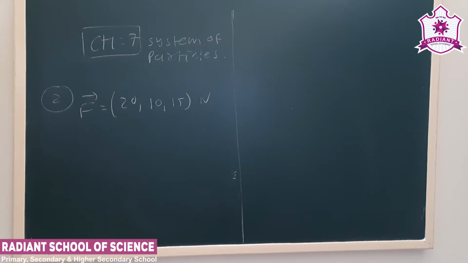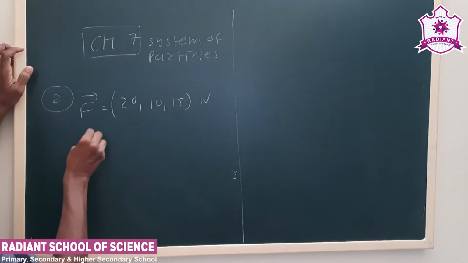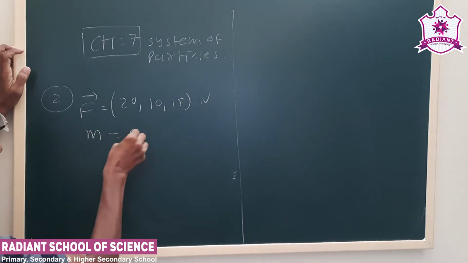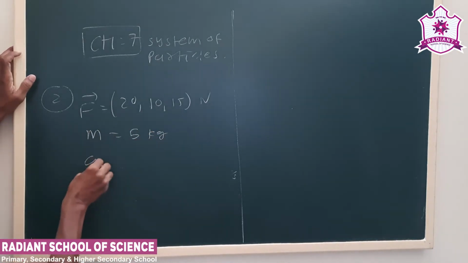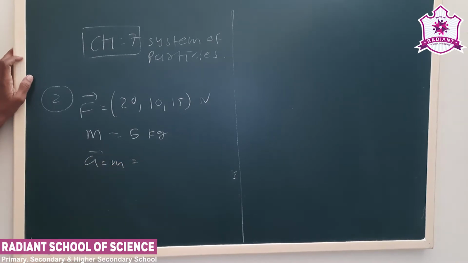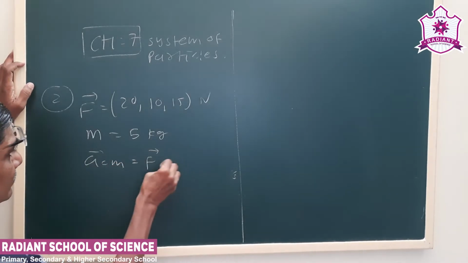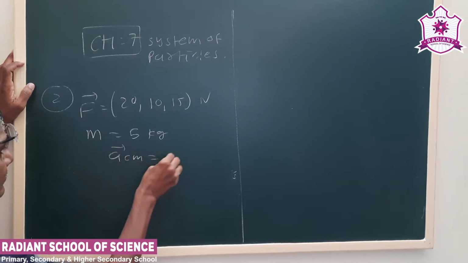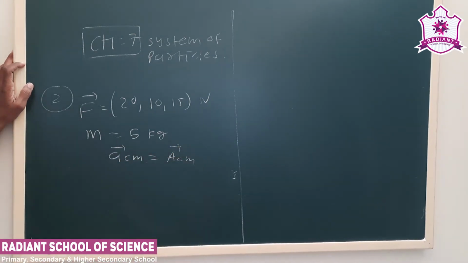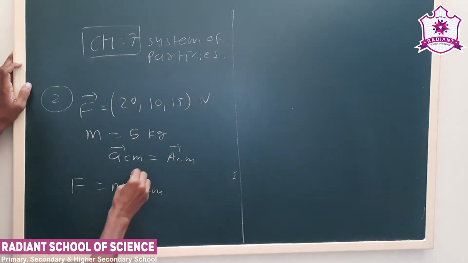The total mass of the system M is 5 kg. We have to find out the acceleration of center of mass, ACM. Now we use F is equal to M into ACM.